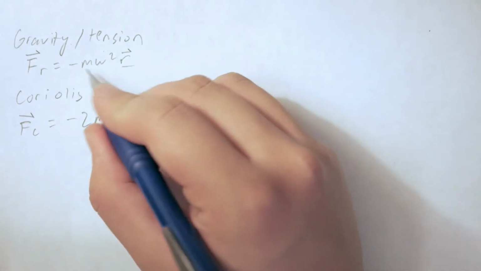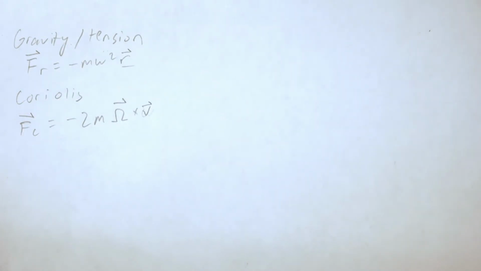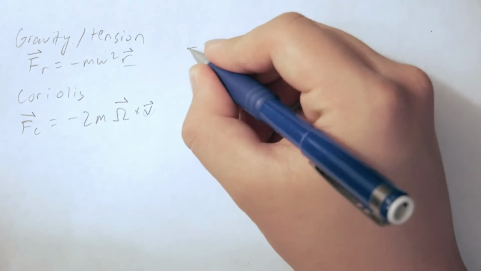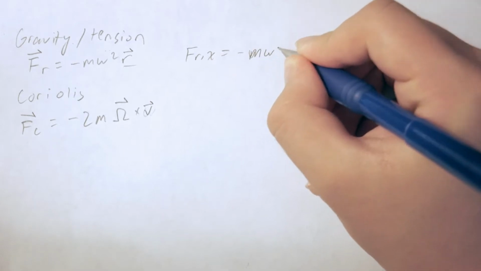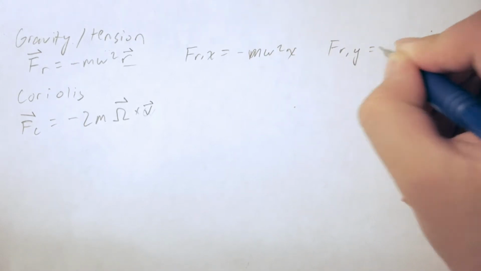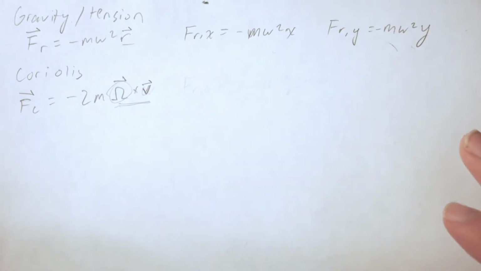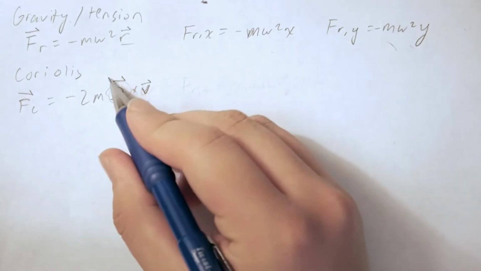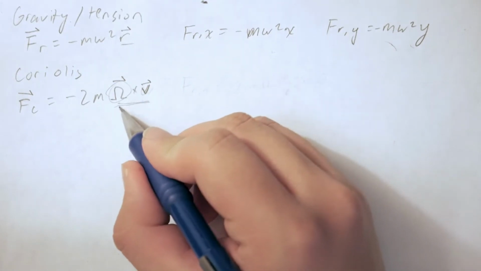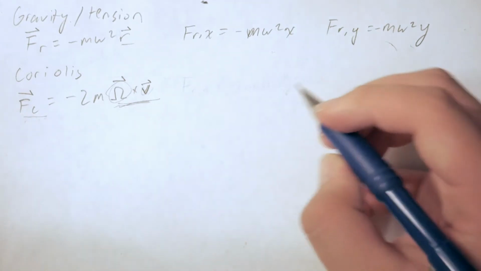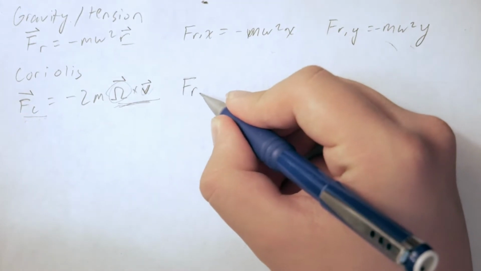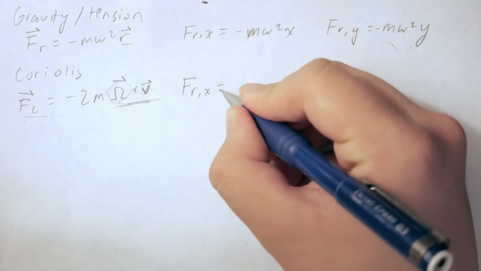And we're going to want to take the components of these in the x and y directions. For gravity, and in order to take the components of the Coriolis force, we would have to look at the component of this which is perpendicular to our coordinate x.